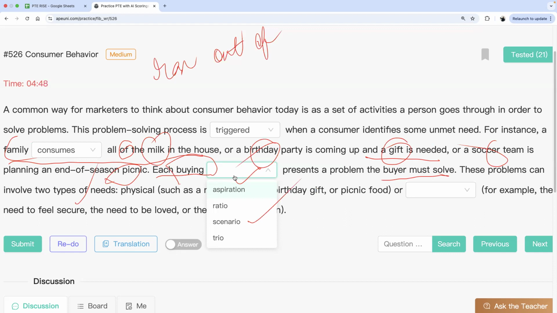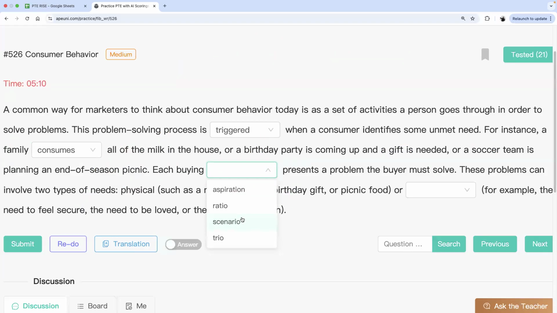Scenario means a situation, a story. Okay, every situation is different. That said, every scenario is different. Scenario is a word from scene. Scene, it makes it scenario. Okay. Every scenario is different, meaning every story is different.